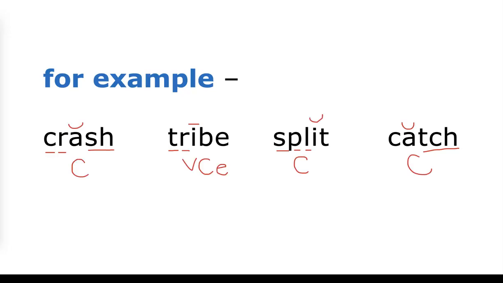And notice the first word crash is a closed syllable with a short vowel. Tribe is VCE with a long vowel. Split and catch are both closed, again with short vowels.